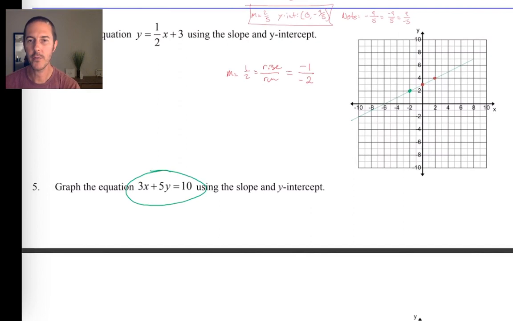You have now seen an example of converting an equation like this one into y equals mx plus b form, slope-intercept form, and you've seen an example of how to take an equation already in slope-intercept form and graph it using the slope and the y-intercept. So take those two processes, put them together, and you should be able to graph an equation that is given to you in this standard format.